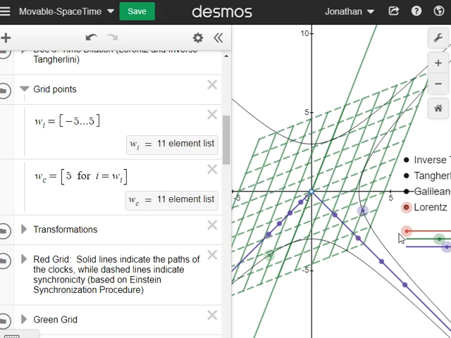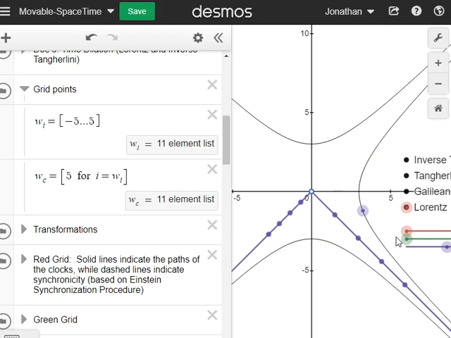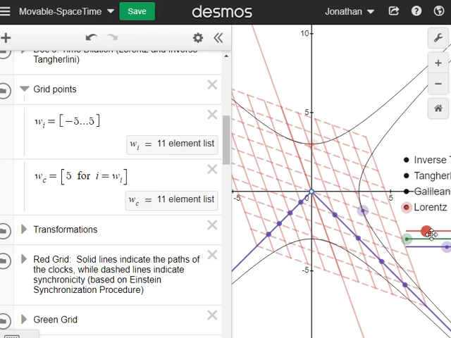Meanwhile, the green observer is seeing those events at a different position in space and time, and this one at a different position in space and time. And the red observer, or the red clocks, are measuring those same events to be at yet another set of coordinates of position and time.